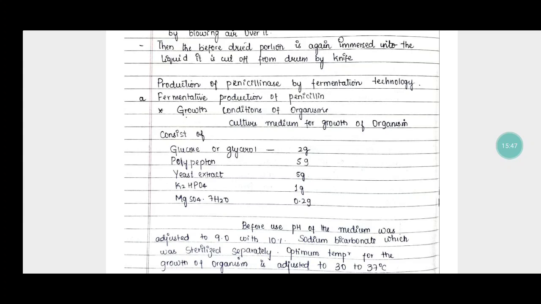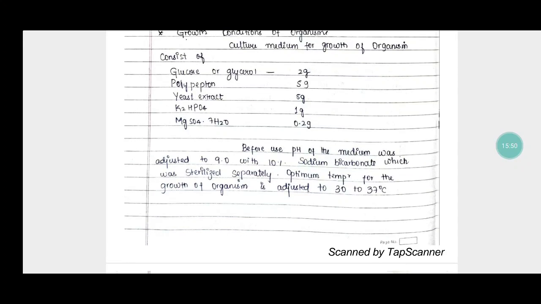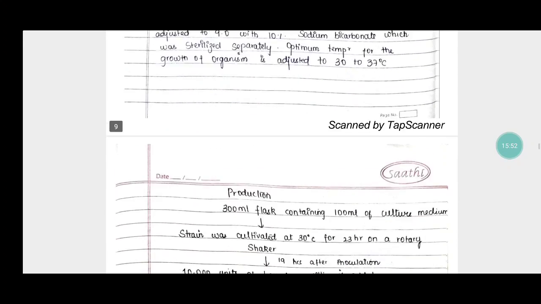The optimum temperature for the growth of the organism is 30 to 37 degrees Celsius.